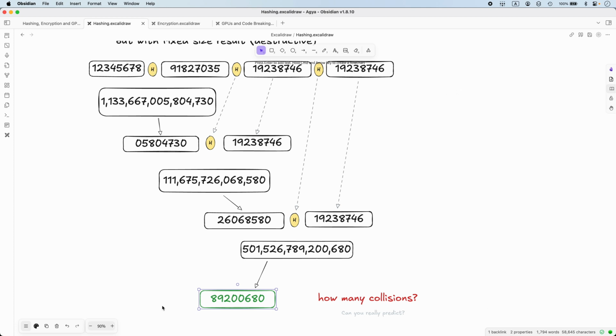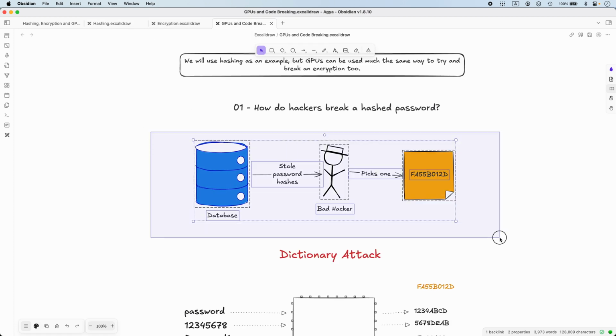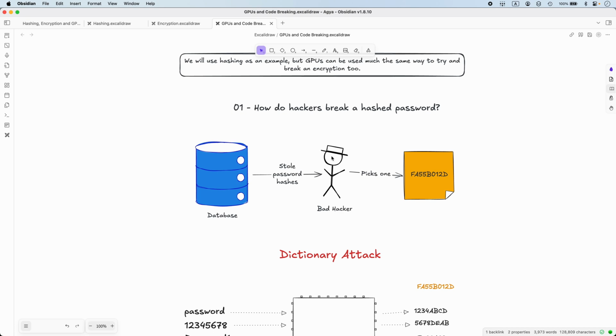Again, I'm revisiting this. If you have a longer password, you have a better chance at getting good protection over here. So coming back, the hacker gets some password hashes from the database.